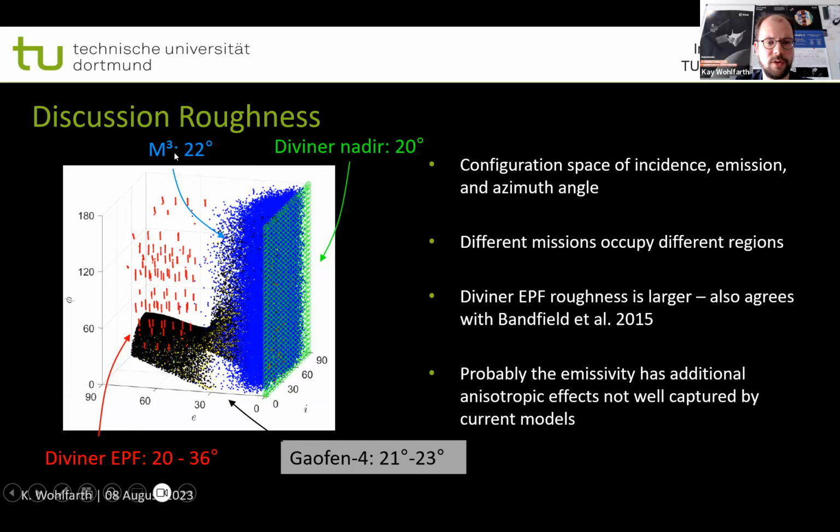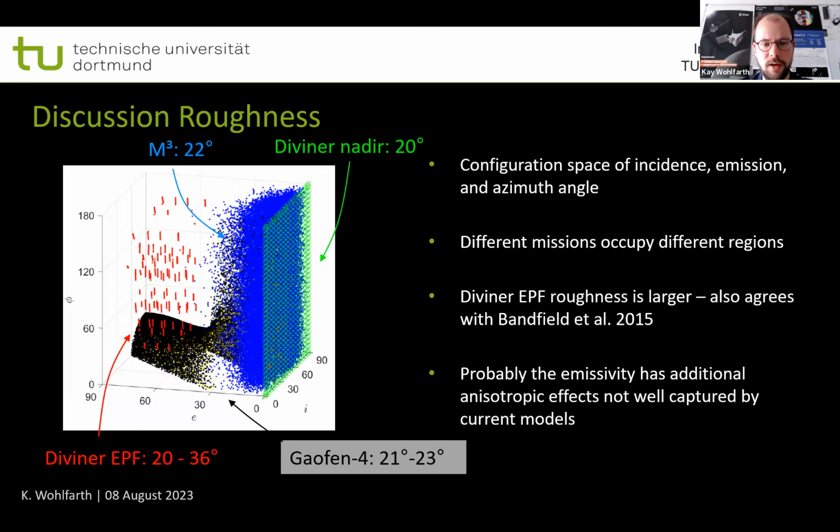So I just assumed 22 degrees of average surface roughness to process M-cube. The Diviner EPF measurements are somewhere up here, quite far away in this configuration space, in a different wavelength region, and need slightly higher roughness values. That's something I'd like to analyze in the future with more Diviner measurements potentially.